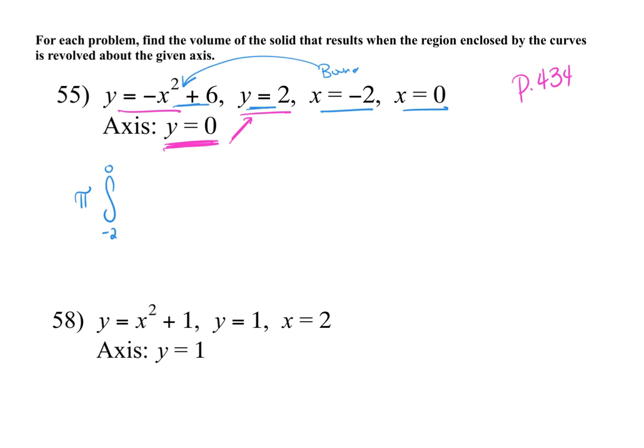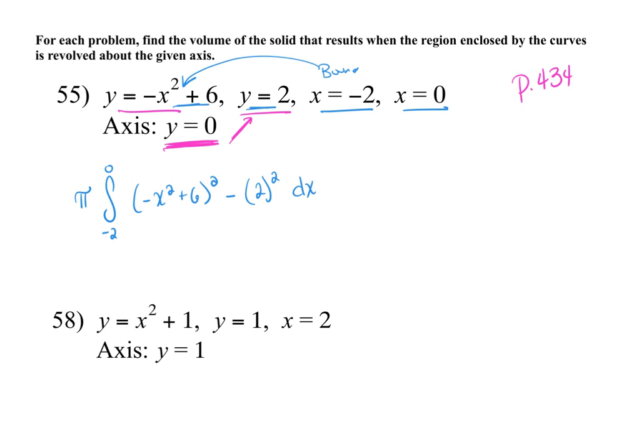And so between 0 and -2, I'm going to pick like -1 and plug it in. If I plug a -1 in here, I'm going to get 5. This guy's always 2, so he's going to come first, right? He's bigger. So I'm going to take this guy and square him minus this guy and square him, all right?